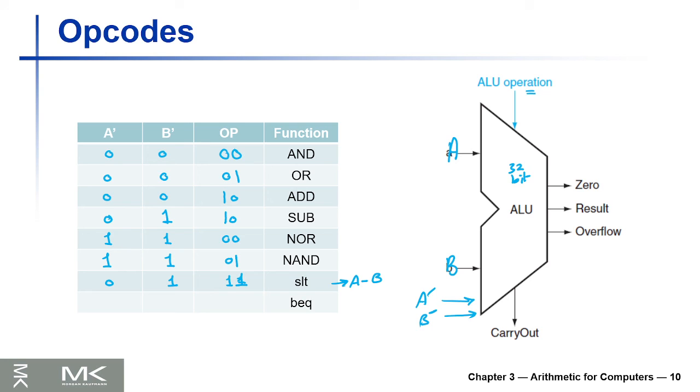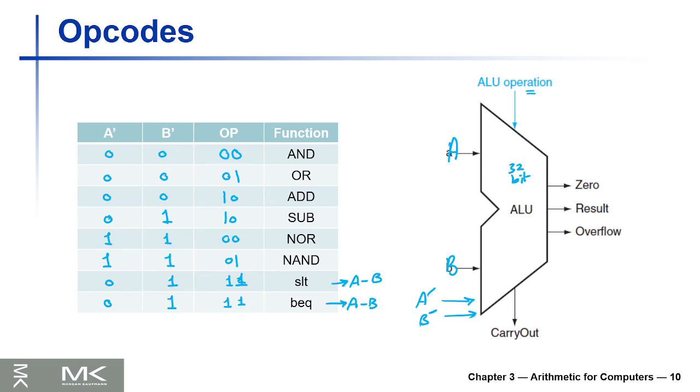For branch equal, again it's a subtraction operation, so we need B complement. We don't need not A, and actually it doesn't have to have an opcode. Don't cares. But we can use just the opcode for set less than.